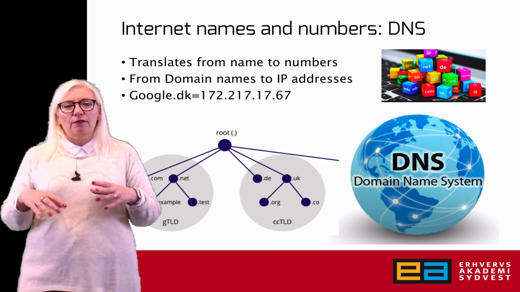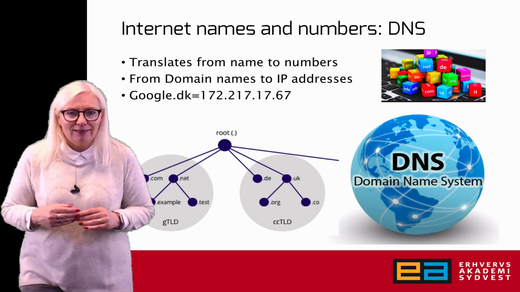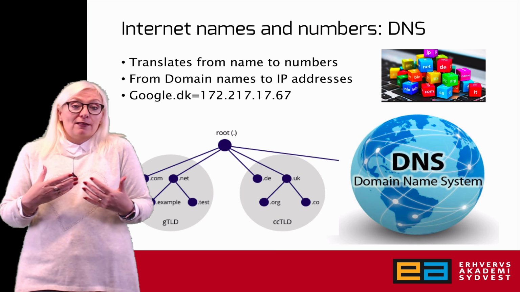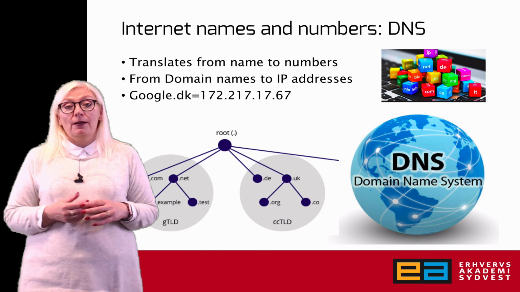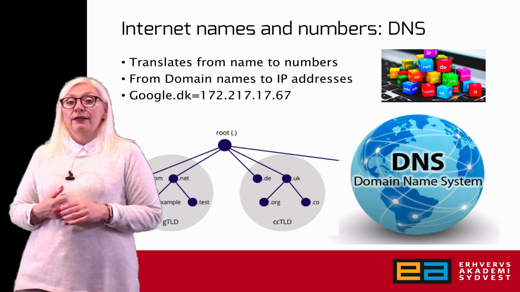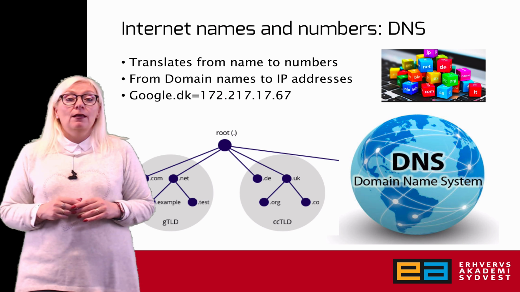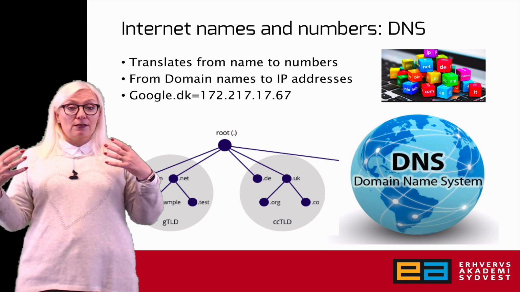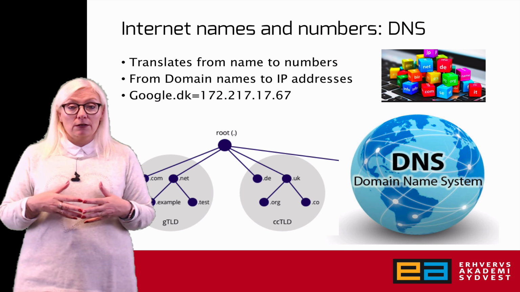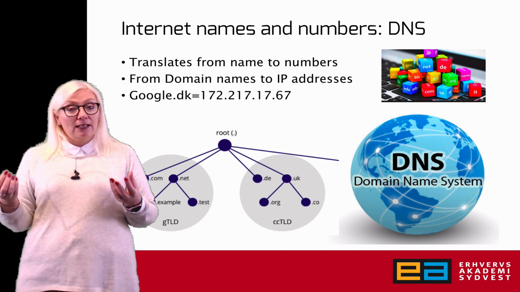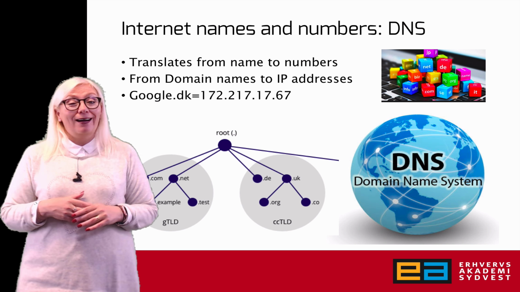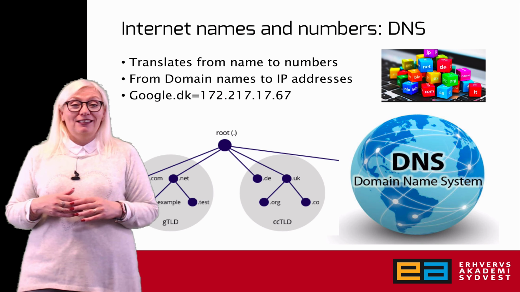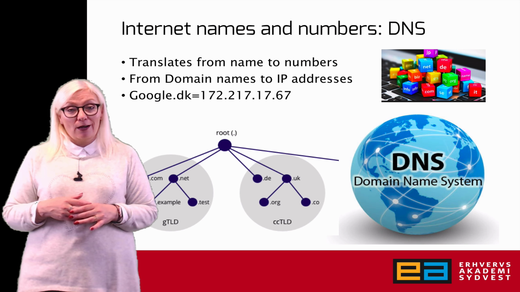So instead of putting in the telephone number, you can just put in the name of the person that you want to call. Same thing applies here on DNS, but here you put in the domain name. For instance, if you want to go to google.com, the DNS will translate google.com to the IP address corresponding to google.com.